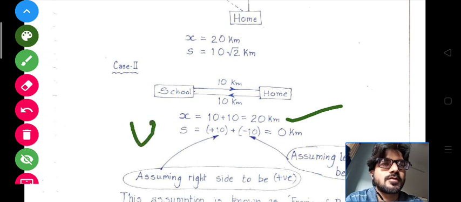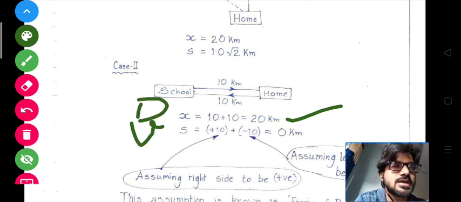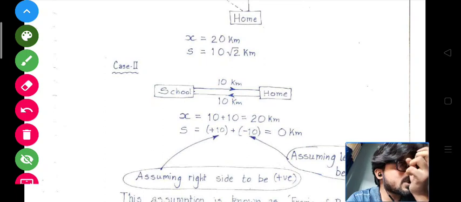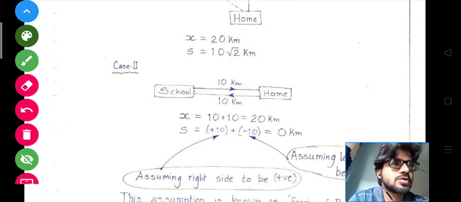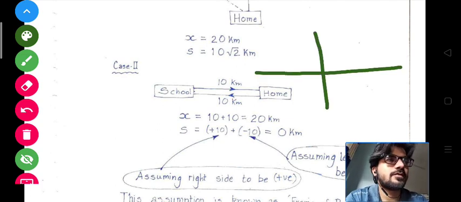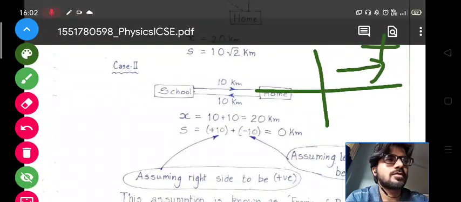Here we have denoted distance with x and displacement with s. Distance is a scalar quantity, so for distance you don't add the direction. Suppose in the x and y axis we have taken this direction positive and this direction negative.